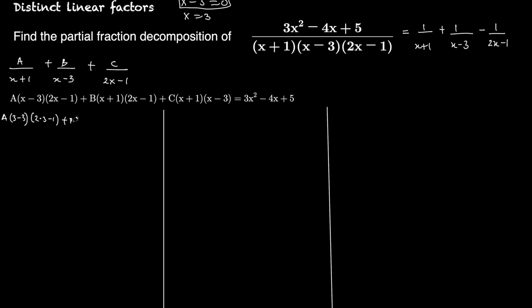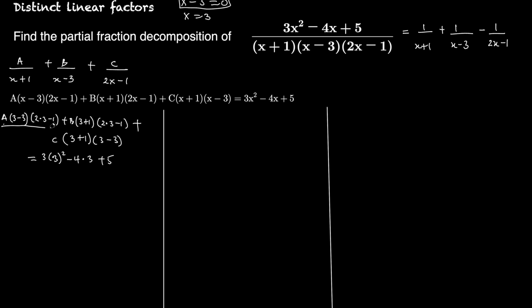For b, I have 3 plus 1, 2 times 3 minus 1, and for c, I have 3 plus 1 times 3 minus 3. This equals 3 times 3 squared minus 4 times 3 plus 5. 3 minus 3 is 0. 0 times a, 0. 0 times this, 0.